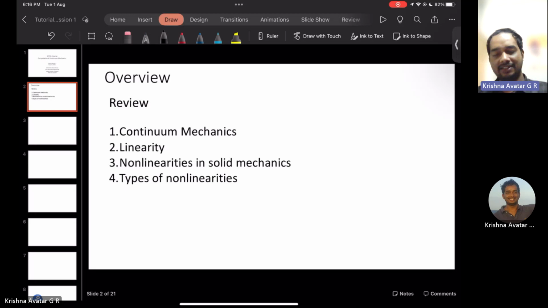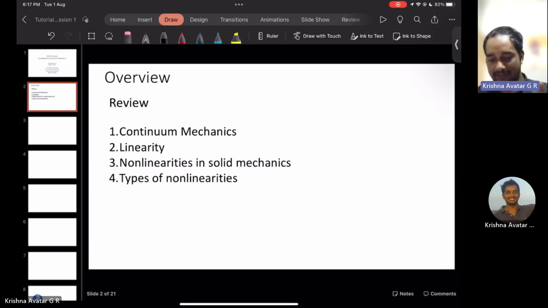Then we'll discuss some concepts about linearity, when it is used, why it is used, and the properties of a linear system. Then we will describe the notion of nonlinearity. Why do we need to incorporate nonlinearity into our mathematical analysis?